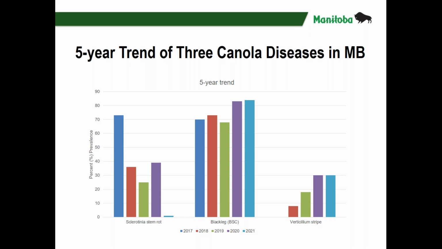Blackleg, on the other hand, has continued to stay the same or increase as far as prevalence. That is, how many fields are showing some symptoms. And Verticillium is a disease where we see an increasing prevalence beginning a few years ago at less than 10%, and in the last 2 years, 20 and 21, up to 30%.